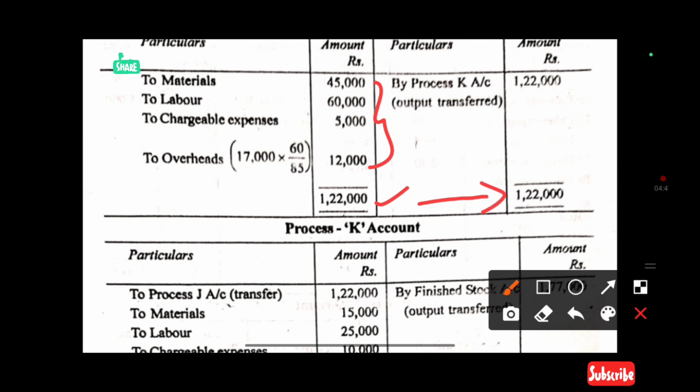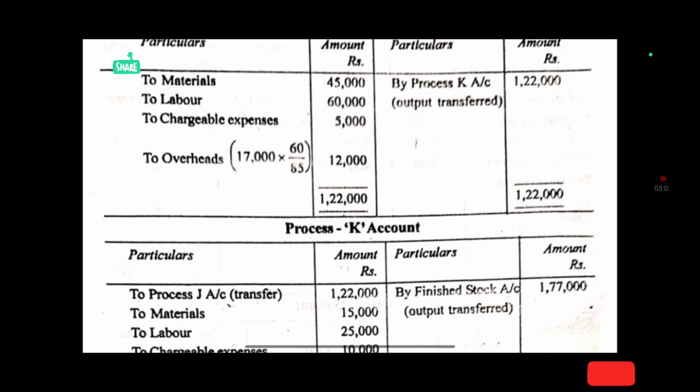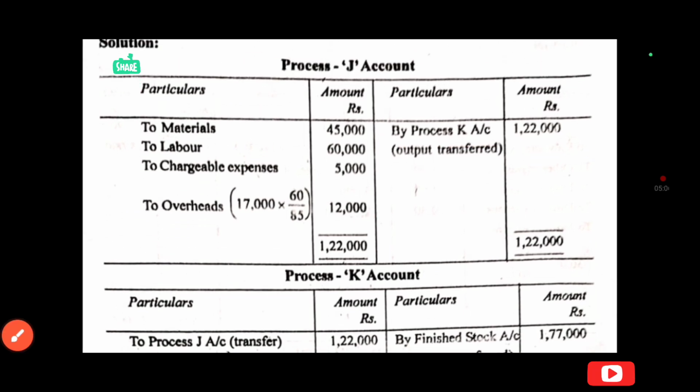There are no transactions on the creditor side, so as the balancing figure, the same total value, 1,22,000 rupees, is entered on the creditor side. Against this value you are going to enter by process K account. What is the output at the end of process J?